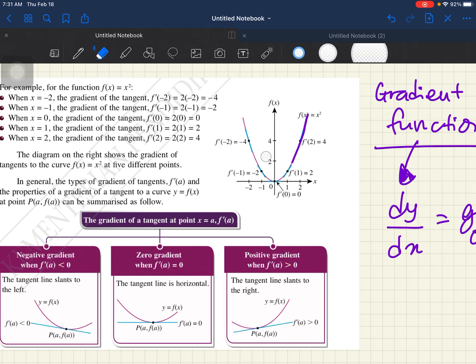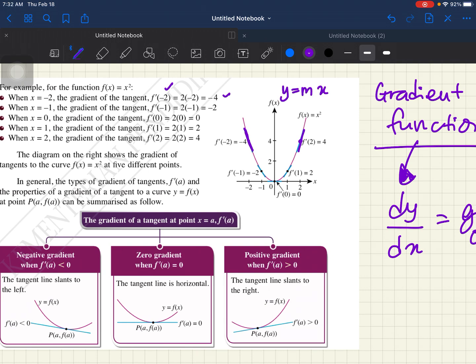Apa dia tu gradient function? Gradient function adalah a straight line yang touches the function. Okay, dan biasanya dia akan bagi titik. Dalam soalan ni dia negatif 2, negatif 1. Kita tengok apakah gradient untuk function itu. Gradient function adalah a straight line.